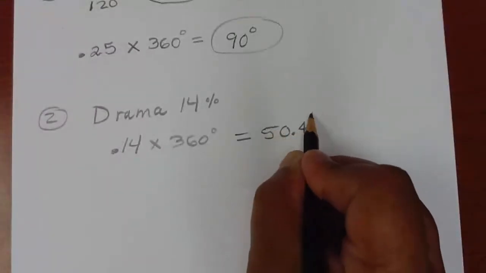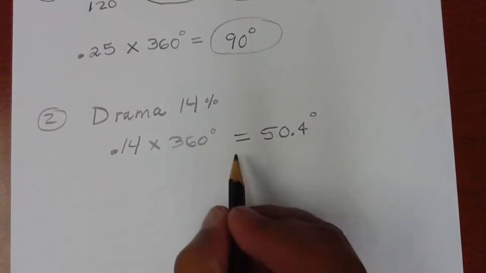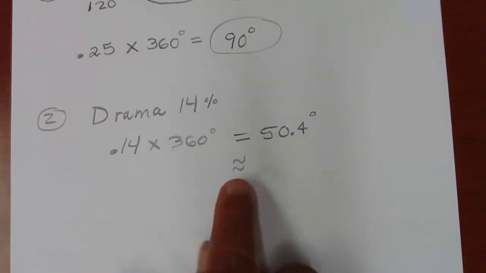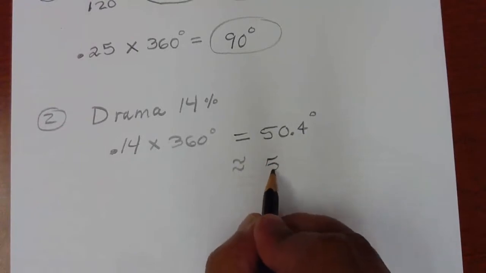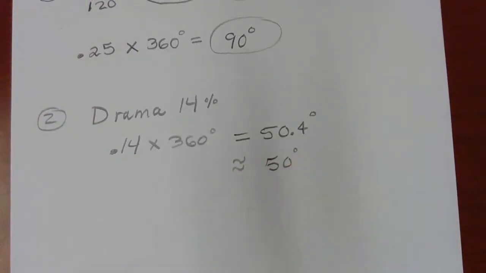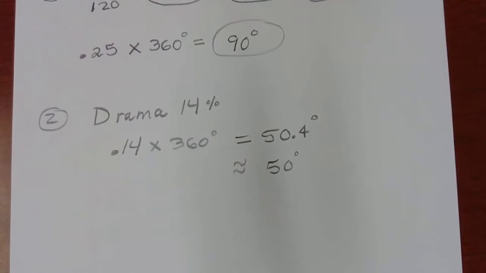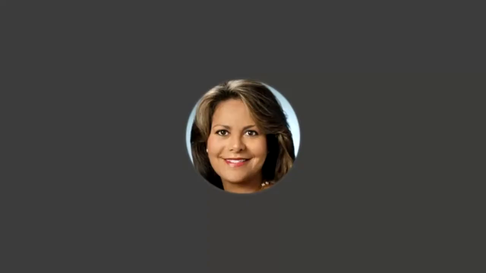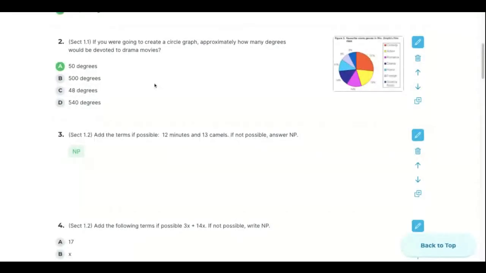If they do happen to ask you to round it to the nearest number of degrees, this is the symbol meaning I approximated. This is closer to 50 degrees than it is to 50.4. So let's see what kind of answers were offered there. In this particular problem, yes, we did round to the nearest degree, and all of these had no decimals, so that was choice A.